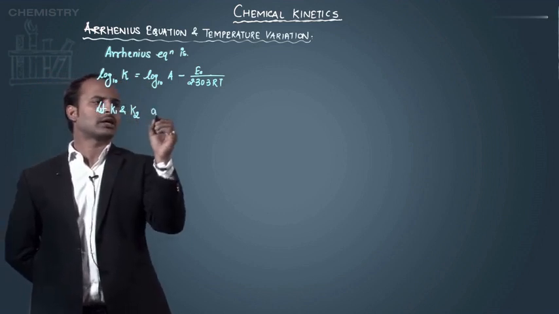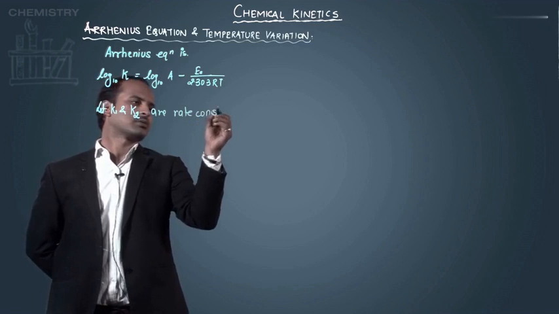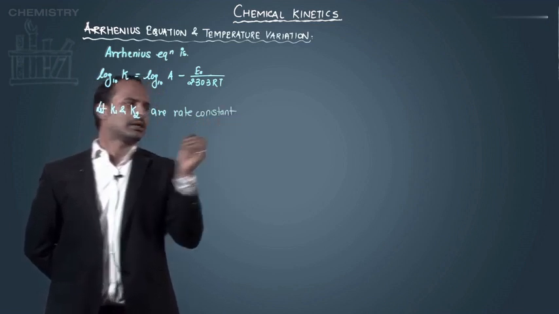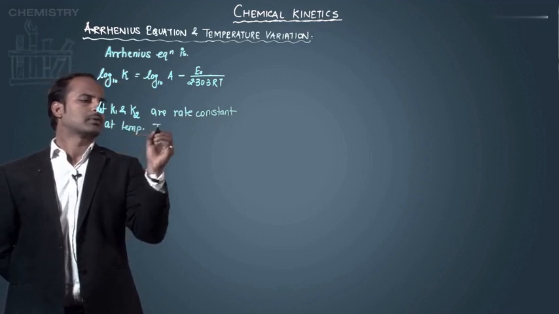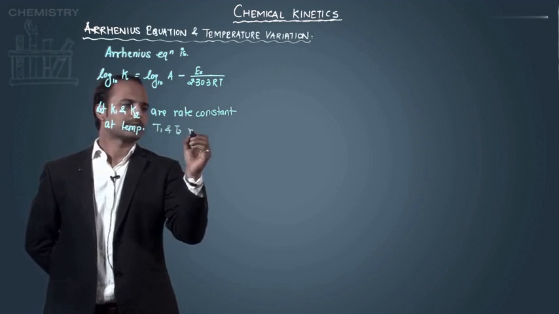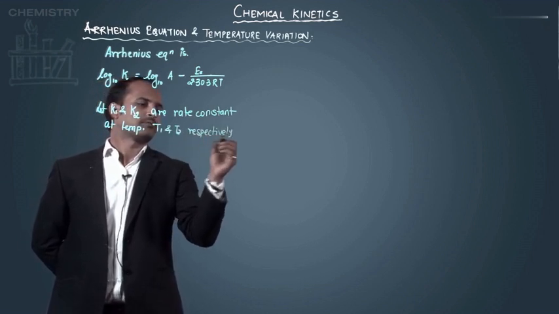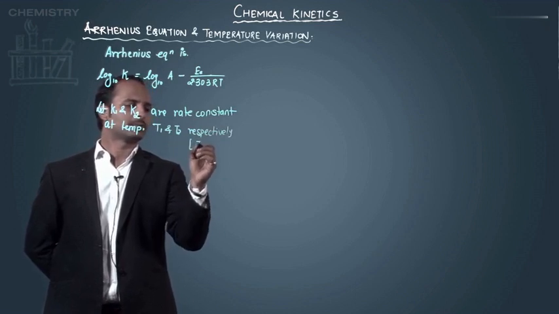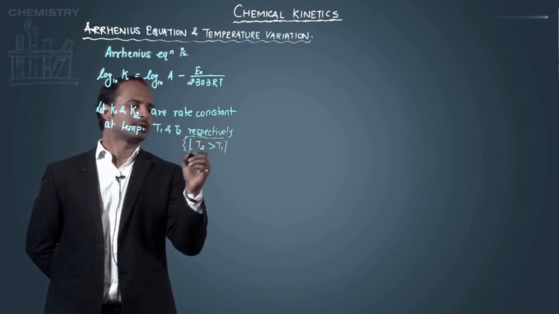So K1 and K2 are rate constants at temperature T1 and T2 respectively, where I can say a very important thing, that is T2 is greater than T1. It's very important.